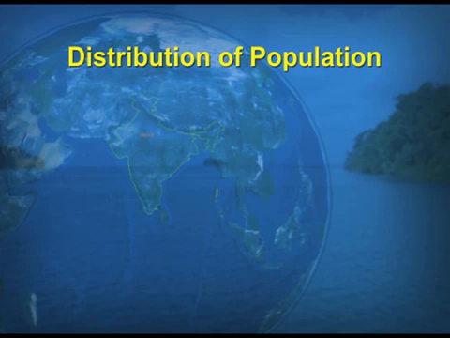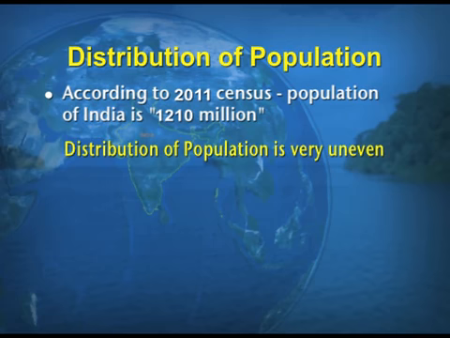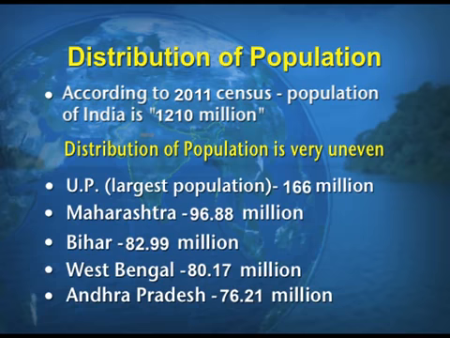Now we take up the distribution of population according to the states of India. The population of India is 1210 million, and the distribution of population is very uneven. If we look at certain states' figures, you see UP with the largest population, that is 166 million, followed by the state of Maharashtra, which is considered to be a very developed and urbanized state.